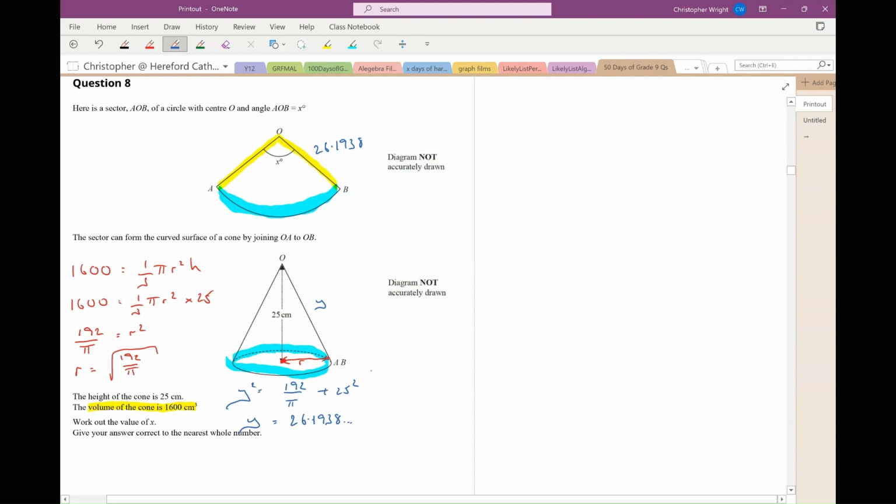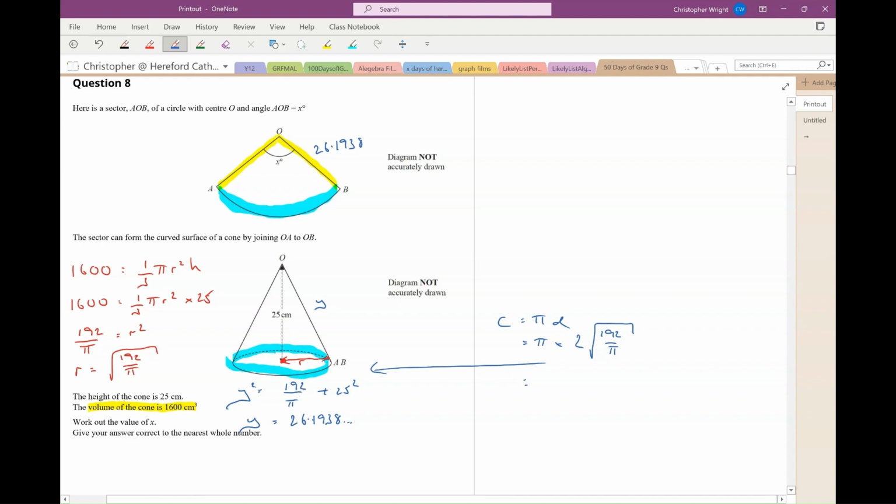So let's start with the circumference of that circle. C equals pi d, so the circumference is pi times twice r, so pi times 2 times the square root of 192 over pi. I could put a number on that if I wanted to. Let's do that.